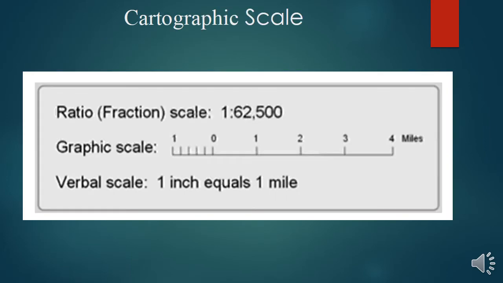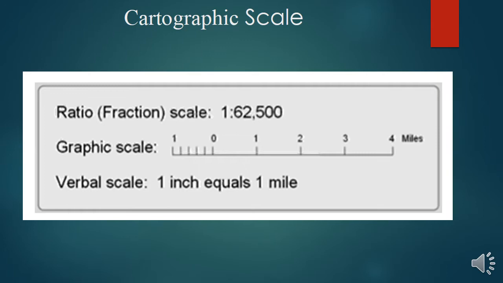Starting with cartographic scale, you see the three different kinds of representation that are most common right here, okay? A representative fraction, or sometimes a ratio, or sometimes a fraction, or a ratio fraction scale looks like this. It looks like a fraction or a ratio. This one reads 1 to 62,500, right? Which would be kind of middle of the range sort of map.